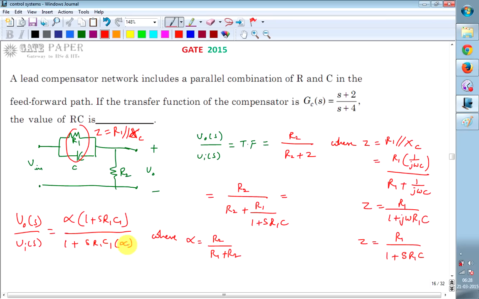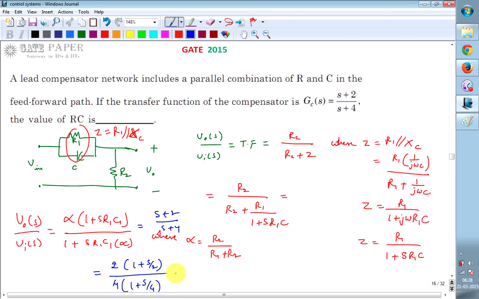Now we are going to compare this with the given transfer function, which is (s+2)/(s+4). This must be equal to (s+2)/(s+4). If you take 2 common in the numerator, it becomes 1 plus s by 2, and if you take 4 common in the denominator, it becomes 1 plus s by 4.